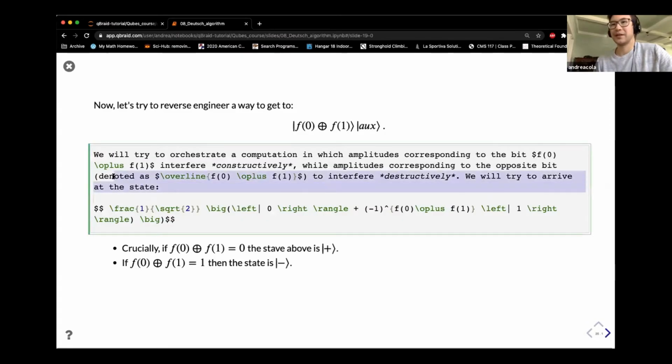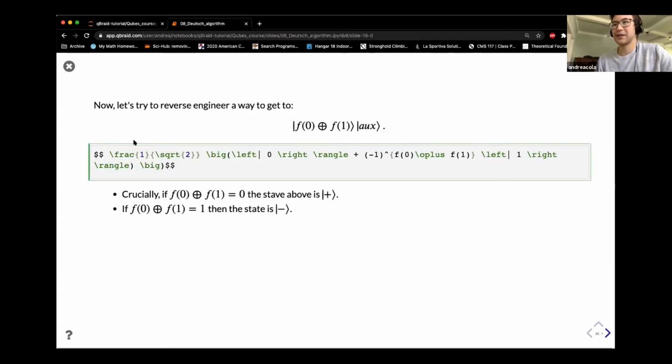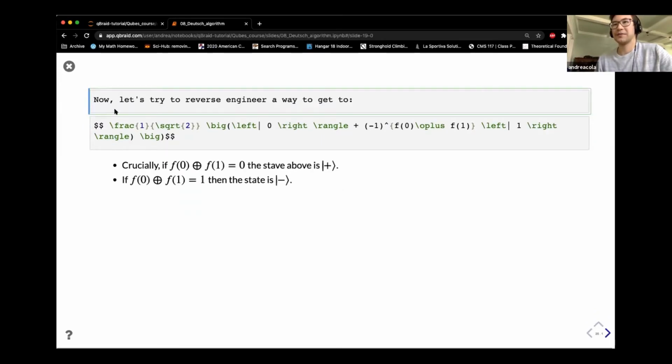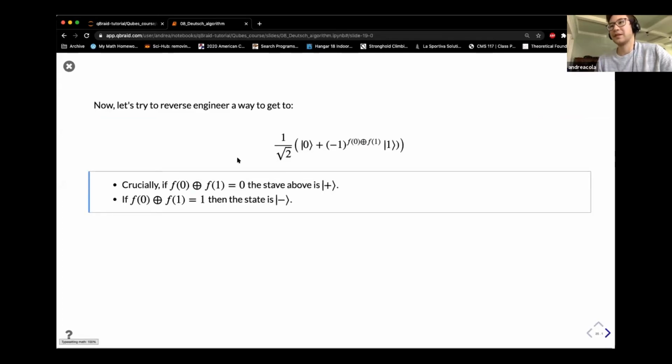So really, to make it clearer, let me write it this way. We'll reverse engineer a way to get to this state here, in which the information about whether the function f is constant or balanced is encoded in the relative phase between the ket 0 and the ket 1 terms.